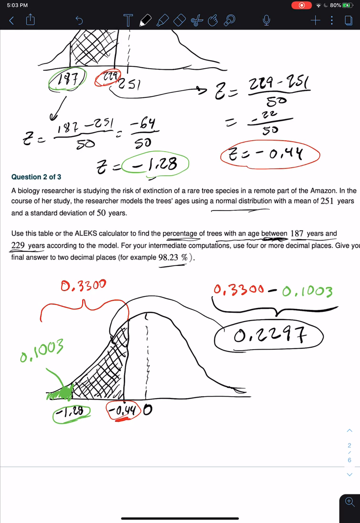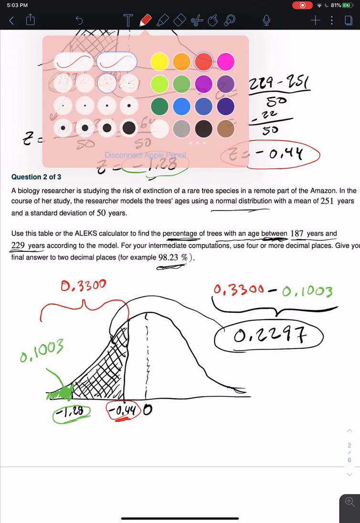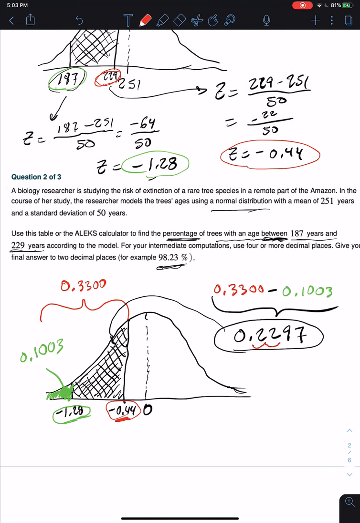They asked us to please find the percentage, and they're also giving us an example. Write this as a percentage to 2 decimal places. Well, all we have to do is take our decimal value and move it 2 places to the right. And now this is a percentage.